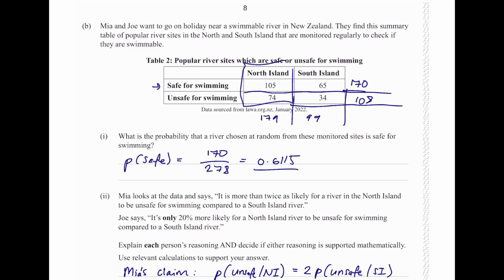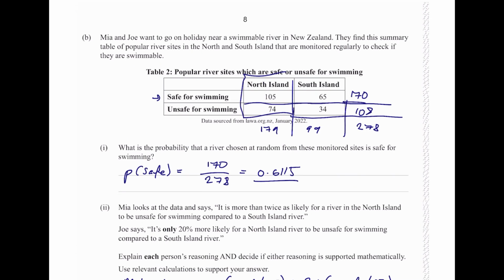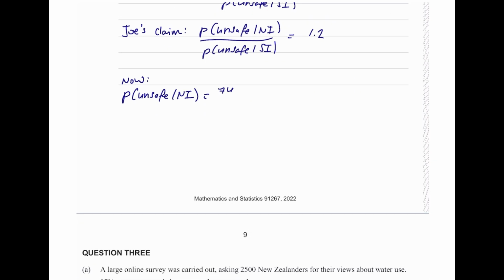And then our total is 179 plus 99 is 278. Okay. So going back to our question, given we're in the North Island, so out of 179, what's the probability that we're unsafe? It's 74. 74 divided by 179, that's 0.4134.